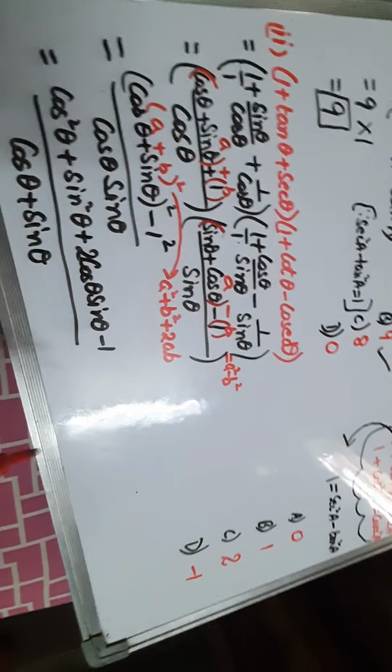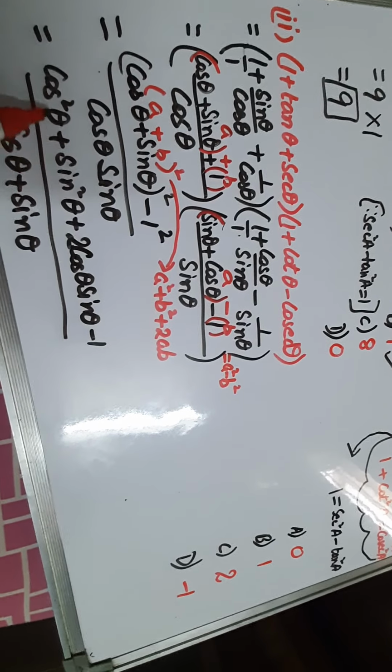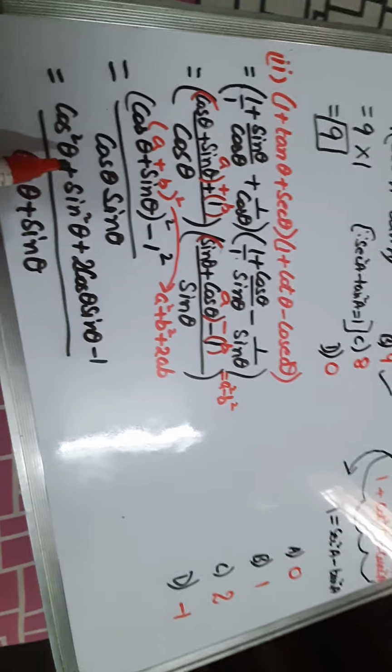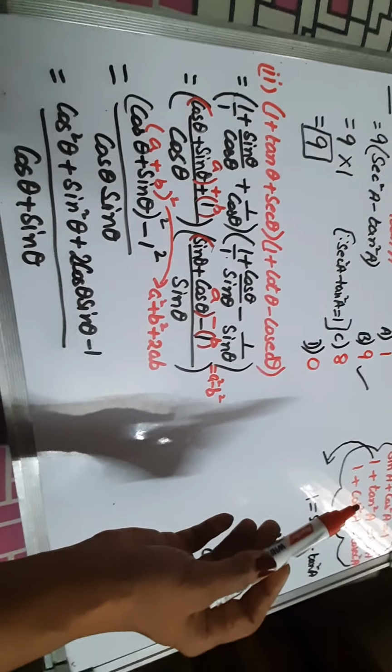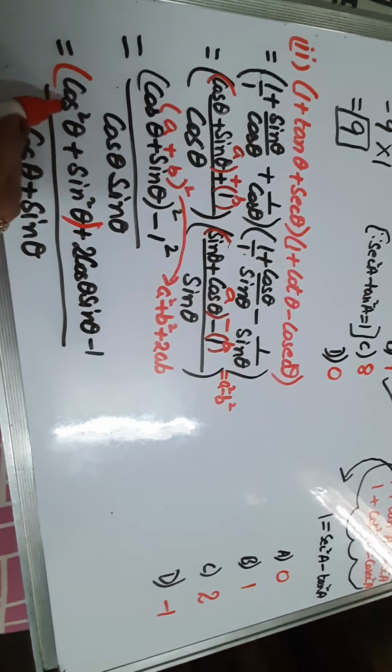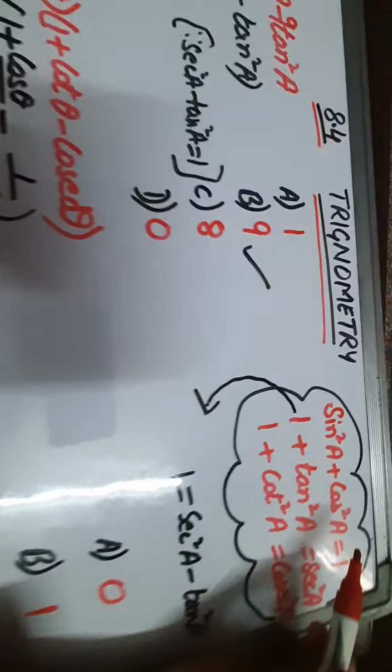Dear students, now the square is there on the trigonometric ratios. Whenever the individual squares are there, we must look towards the trigonometric identities. So we know what this is? Sin square plus cos square theta is always equal to 1. So here we are using which identity?